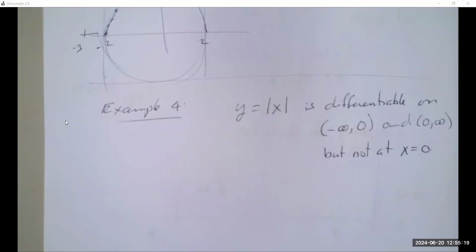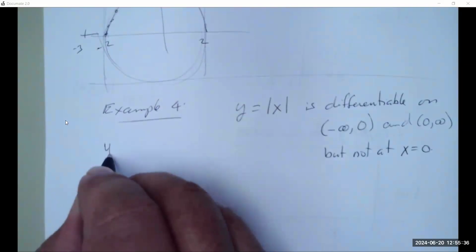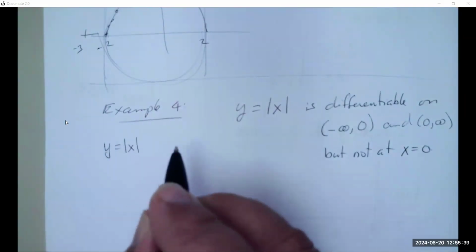So how's this gonna work out for us? What is the function absolute value of x? What's the graph look like?